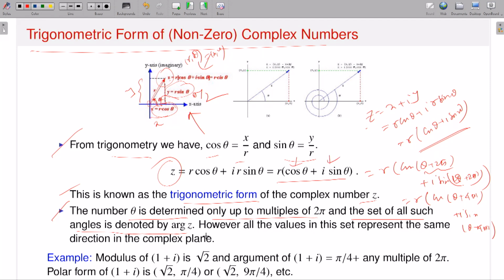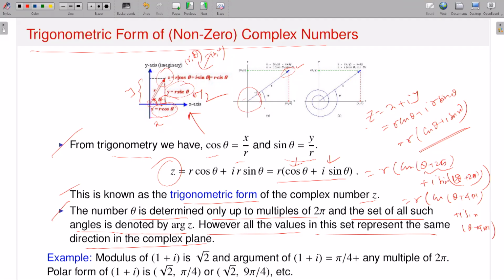However, all the values in the set represent the same direction in the complex plane. Pictorially, suppose this is my complex number, this is my r, this is theta, so it is r cosine theta comma r sine theta. Now, instead of going directly here, I am coming full circle and then coming back here.